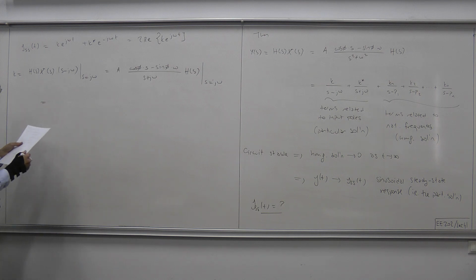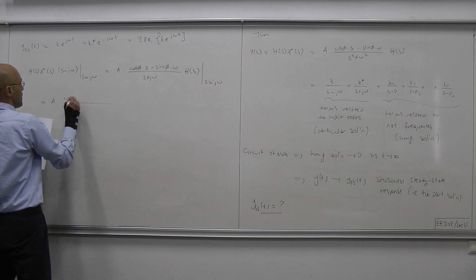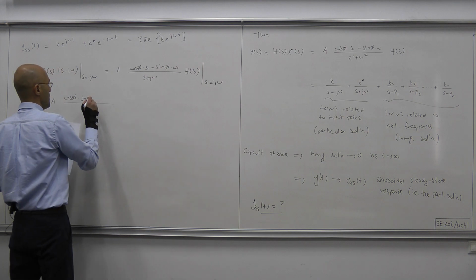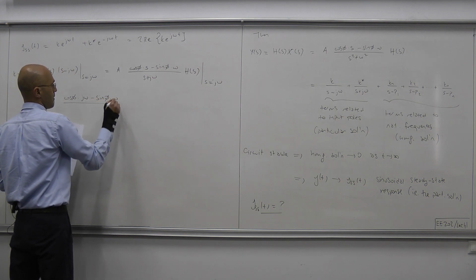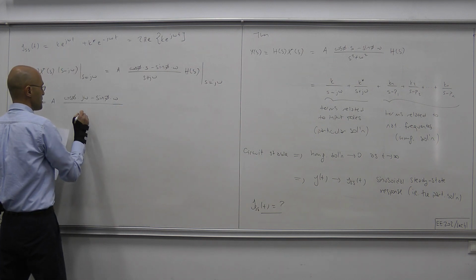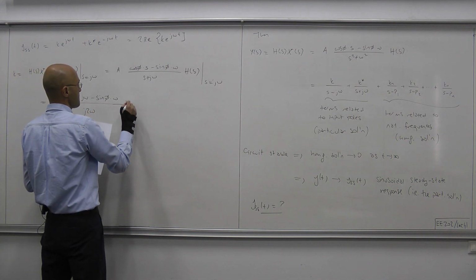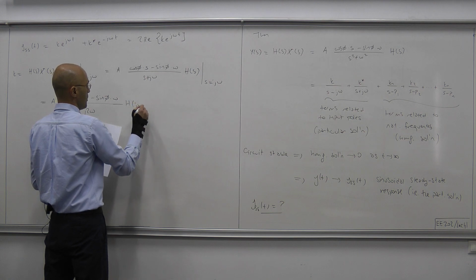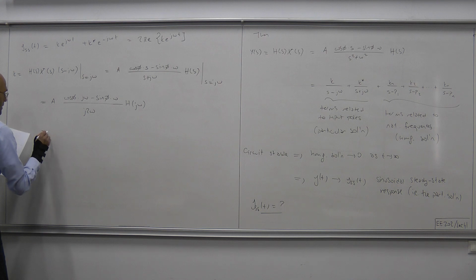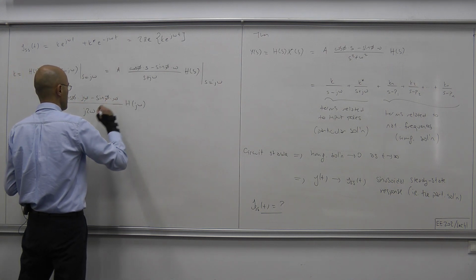Okay, so that equals A times cosine phi times j omega. Okay, s becomes j omega, minus sine phi omega, and then you plug in s equals j omega here, so that makes j2 omega, and then here we have H(j omega). Okay, so that equals, now these omegas will cancel.